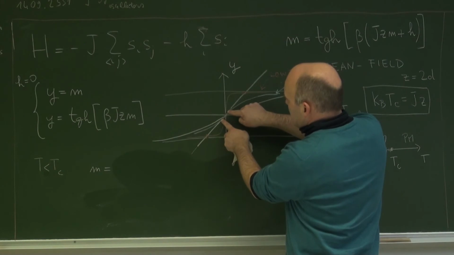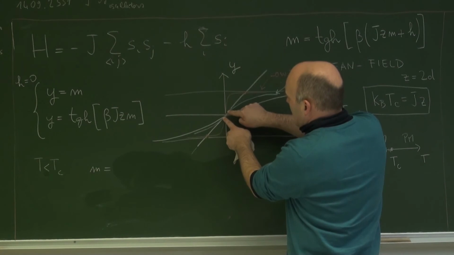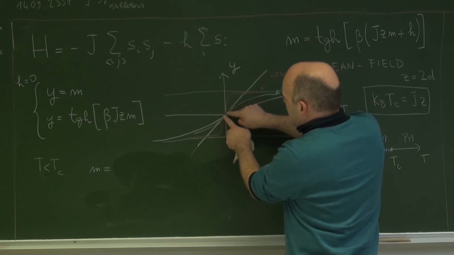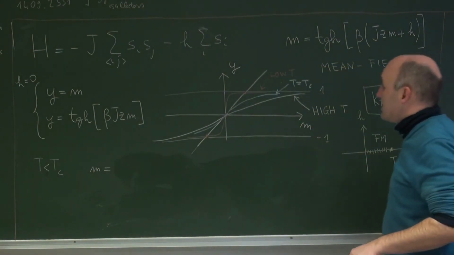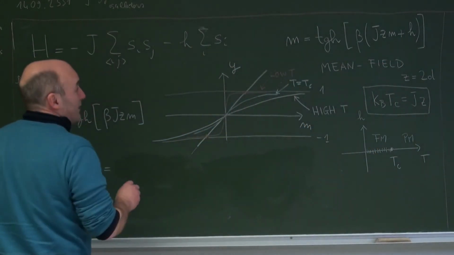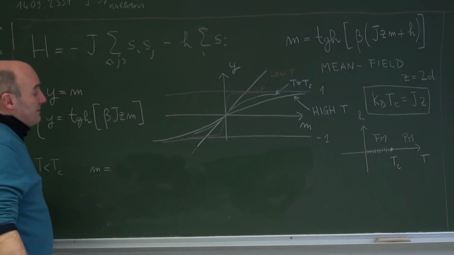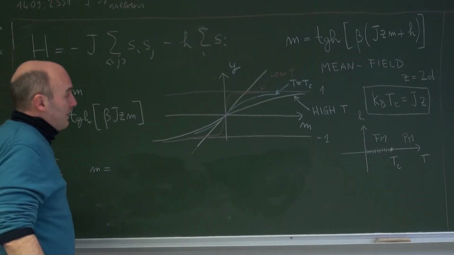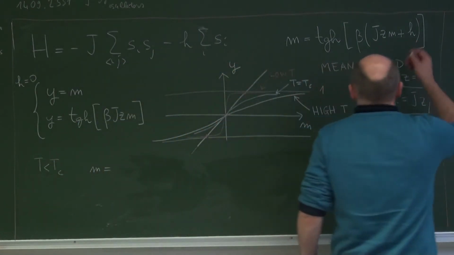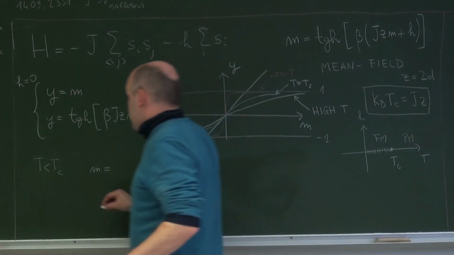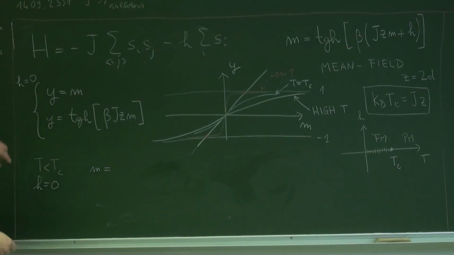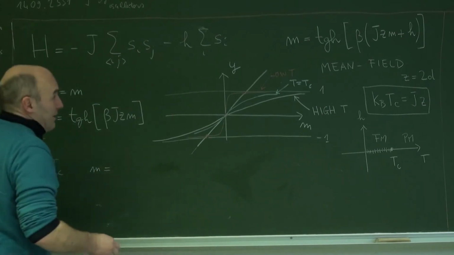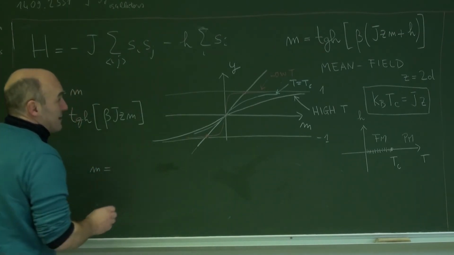These two intersections are initially very close to 0. And now my question is how the distance between these two intersections vanishes as I approach the critical point. Again, I can expand this hyperbolic tangent in powers of m using the Taylor expansion. But now I'm interested in the case where the magnetic field is 0. I want to see the spontaneous magnetization, so I only have the part containing m.